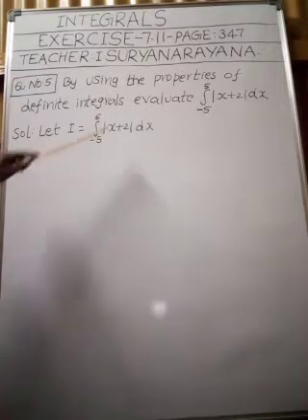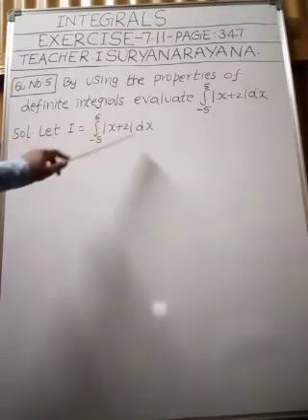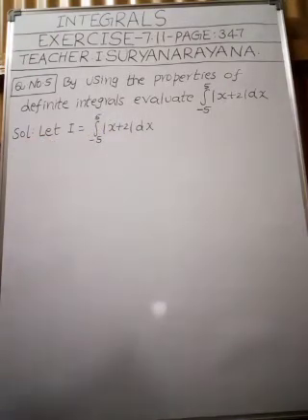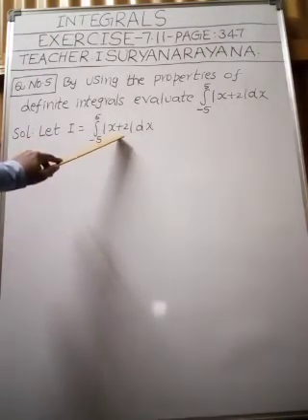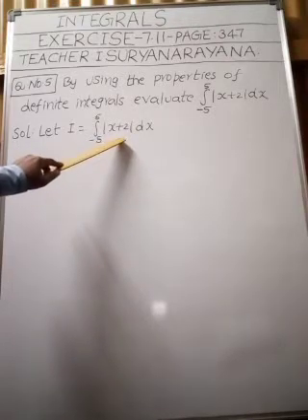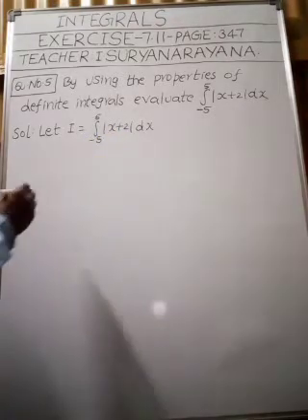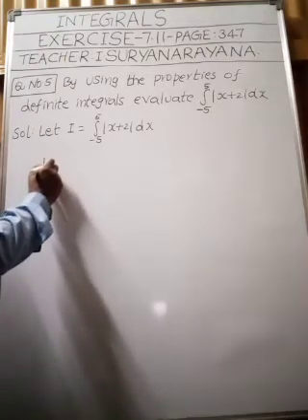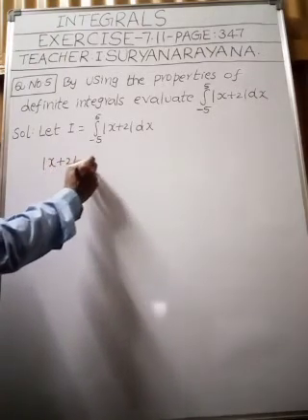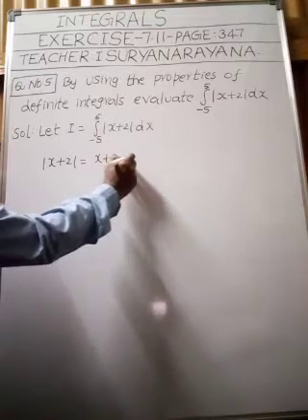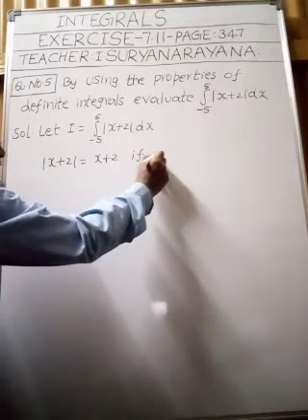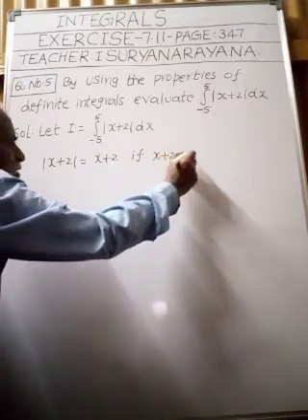Here a modulus function is there, the absolute value function. Let us redefine this modulus function in different intervals. Okay, my children? Right. See, modulus of x plus 2 is equal to x plus 2 if x plus 2 is greater than 0.